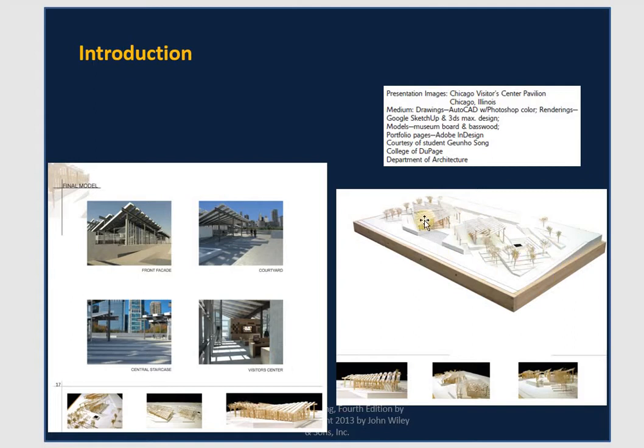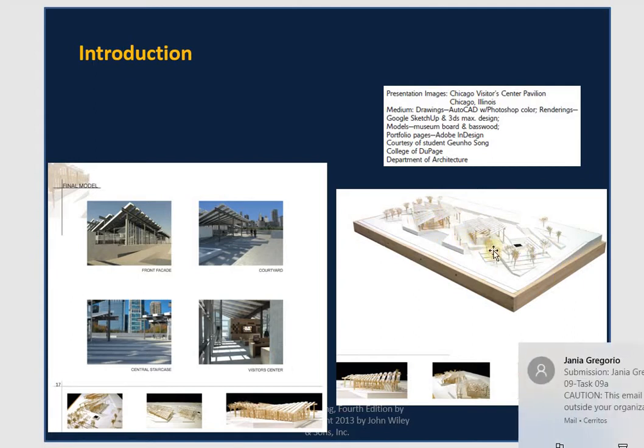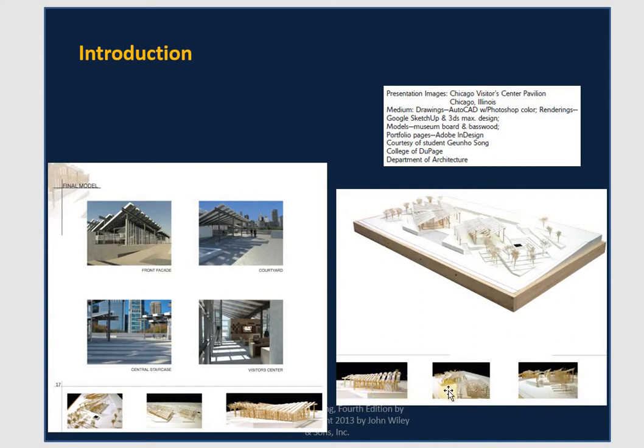This is the model, so you can see that's the model they show. That's one way to do a presentation, because the model is a small scale and you can see the whole project before you start to build.